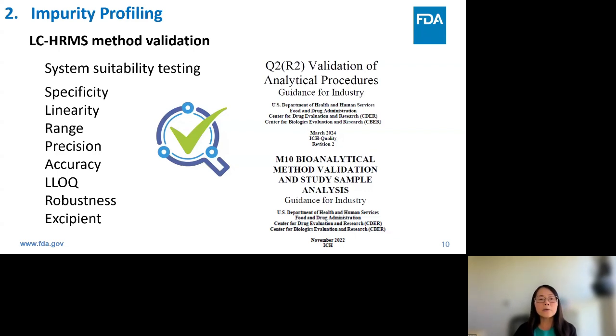We conducted a full analytical method validation following ICH-Q2R2 and ICH-M10 that evaluates, to just name a few, specificity, linearity and range, precision and accuracy, and method sensitivities presented by the lower limit of quantitation, LLOQ, etc.